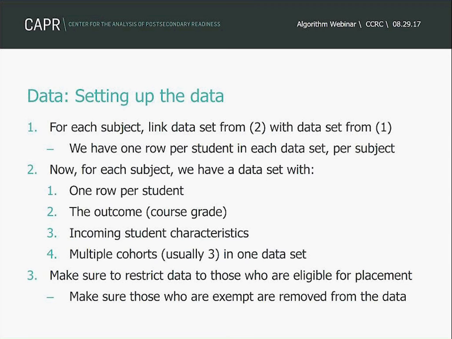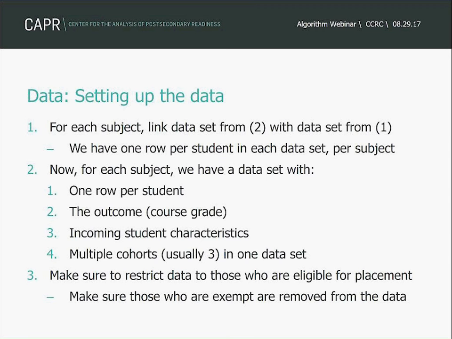We're going to pull that student and their associated grade. And so then we've got one row per student per subject in the course transcript data, and we can link that to their incoming student characteristics as well. And so in the end, we'll have one row per student that has the outcome, the course grade.